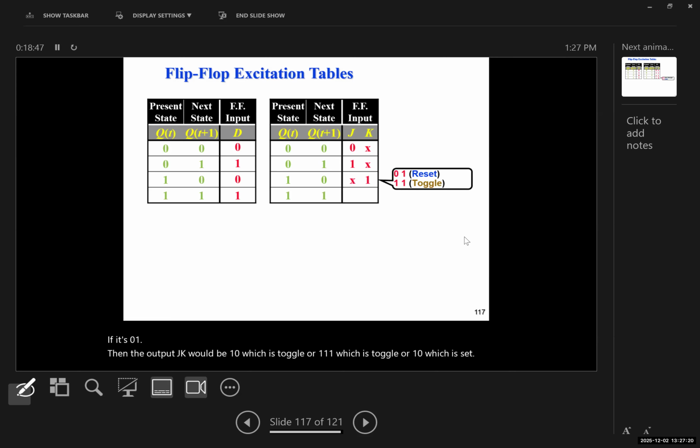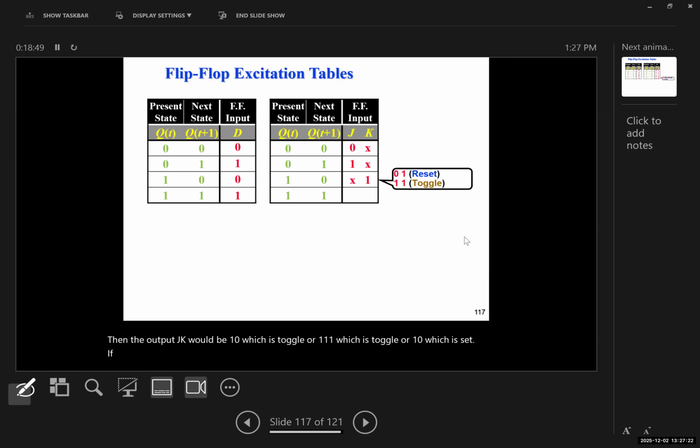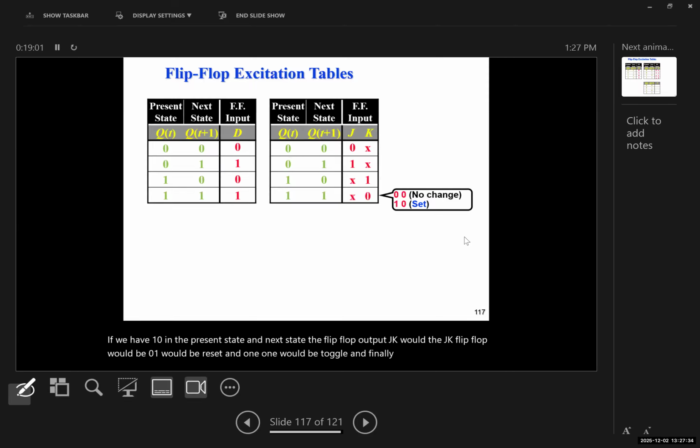If we have 1, 0 in the present state and next state, the JK would be 0, 1, reset, and 1, 1 would be toggle. And finally, when it's 1, 1, we would have the output of 0, 0, or 1, 0, which is no change, or set.